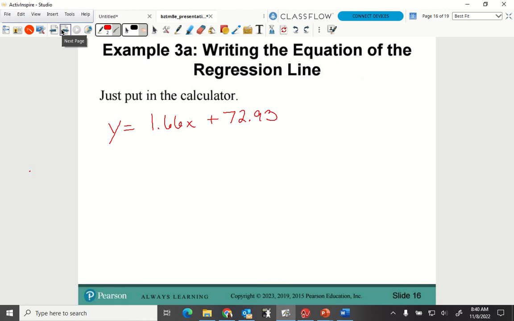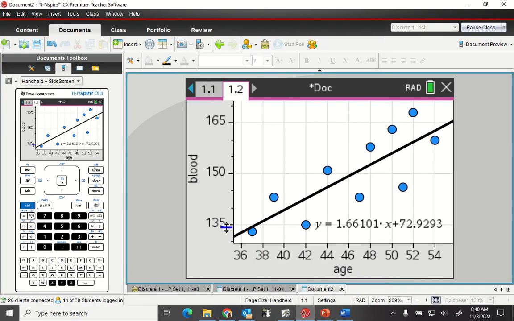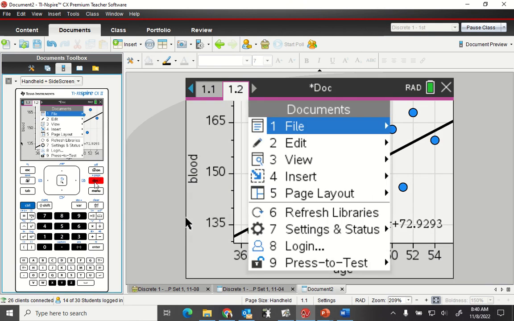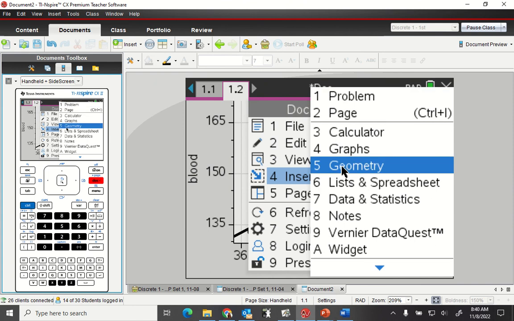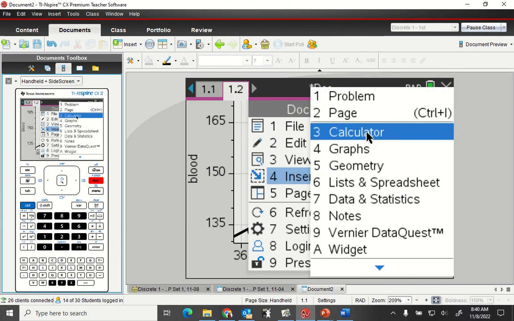Now let's find the R value. Let's find the strength of this regression line. Let's go back to the calculator. And I'm going to do document, insert, calculator.